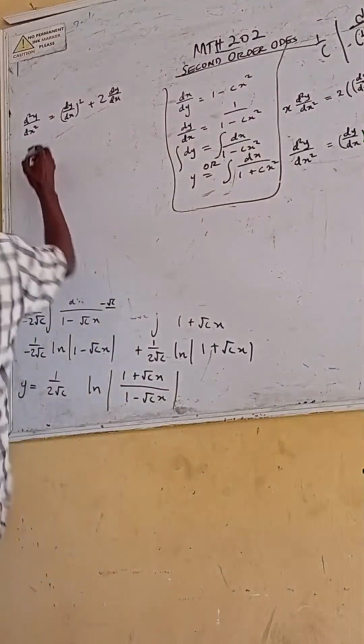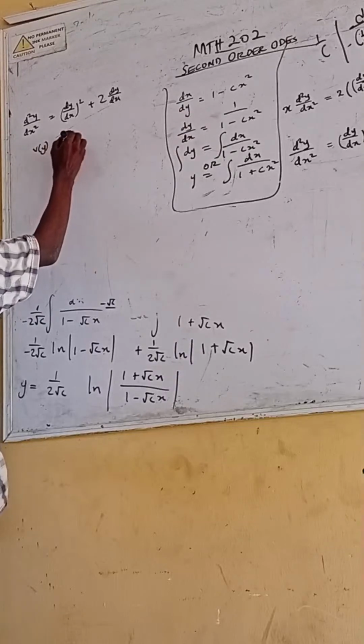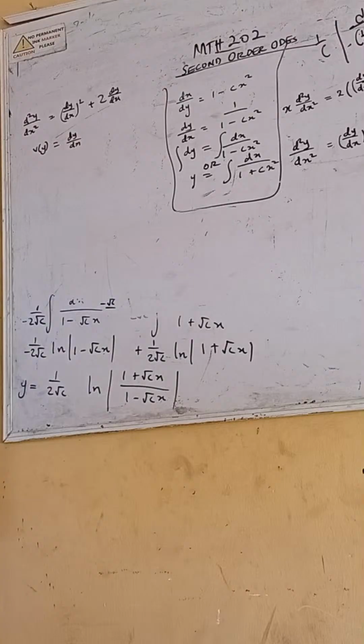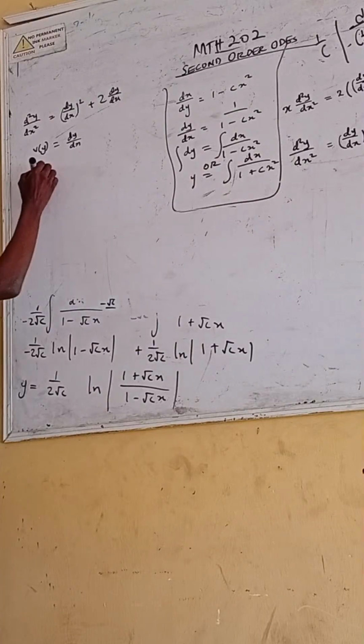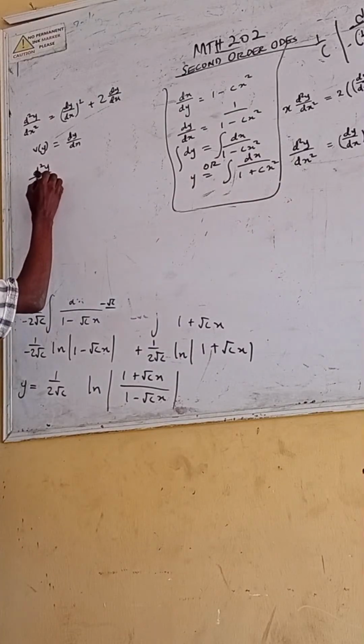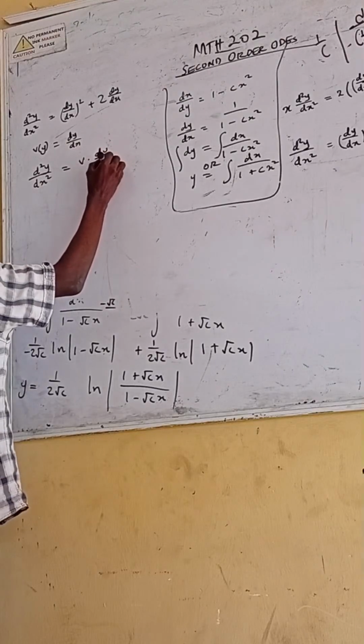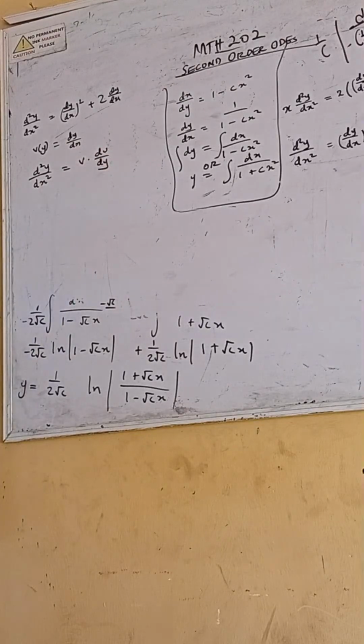So it means v is a function of y and it is equal to dy/dx. If we differentiate both sides, d squared y over dx squared equals v dv/dy.